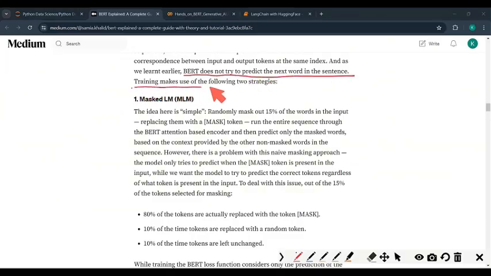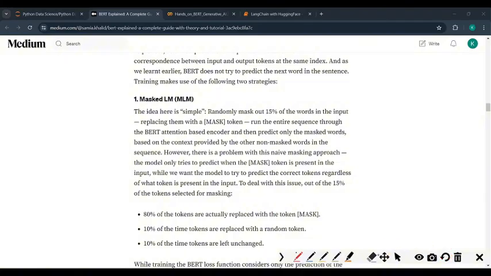Just a few minutes ago, we saw that BERT is not trying to predict the next word in a sentence. It is trying to predict the word on the basis of the surrounding. It is looking at the data in two ways, then trying to predict the word. So it is doing the prediction, but not unidirectionally, not by going from one side, but from the two sides at the same time.